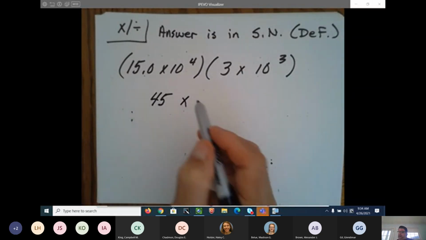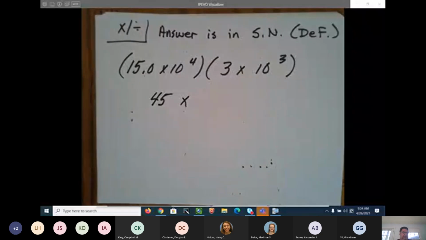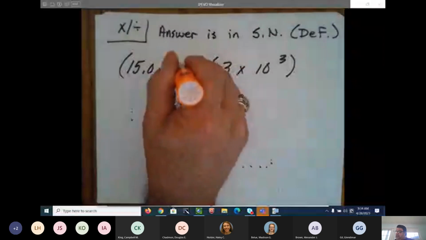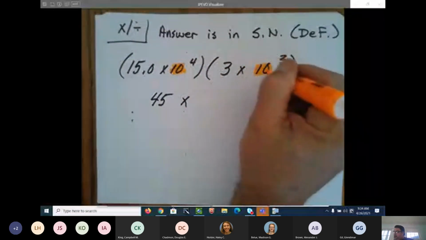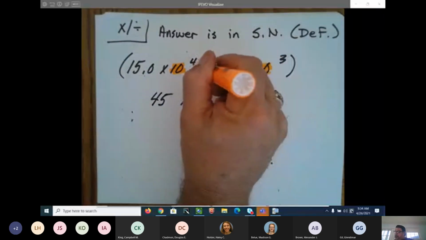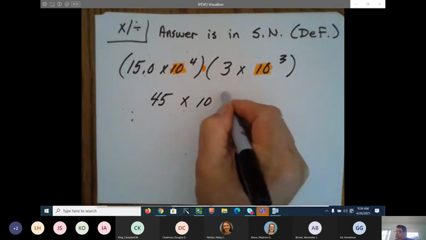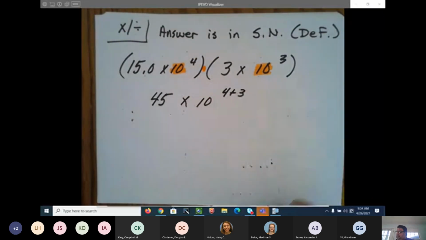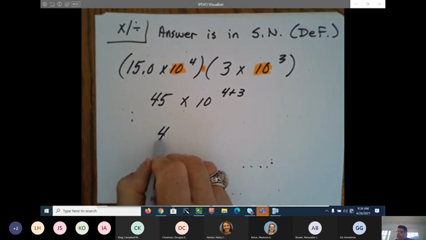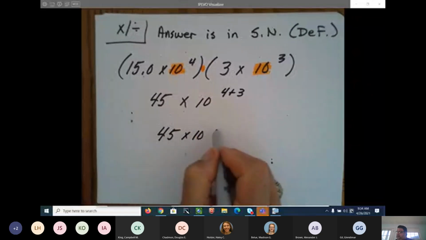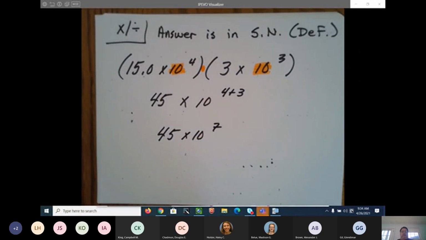And what do you do if you have the same base with exponents? What's the rule? Somebody tell me the rule. If you have the same base and you have exponents and you're multiplying, what do you do to the exponents? Do you add them together? You add them. So that would be times 10 to the 4 plus 3. 45 times 10 to the 7th power.